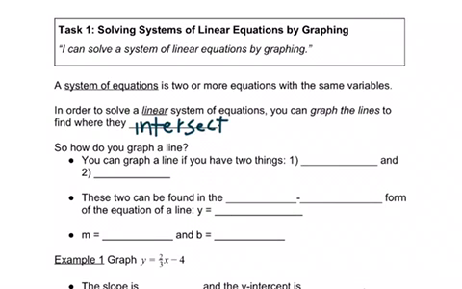So how do you graph a line? You need two things. The first is the slope of the line, and the second is the y-intercept.